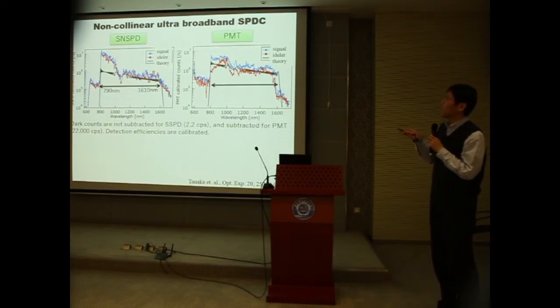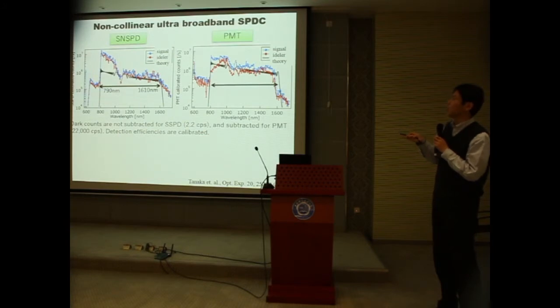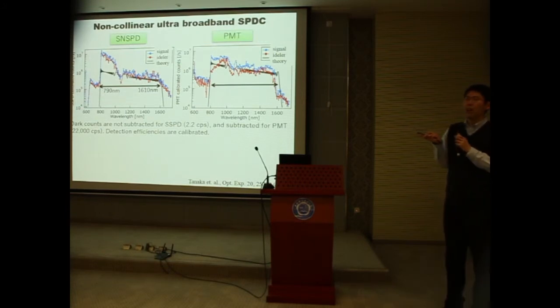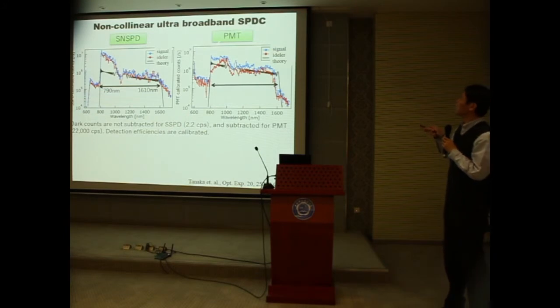This is the observed spectrum of the parametric fluorescence using a superconducting detector. This is with the help of Nanjing University, with Professor P.H. Wu and Professor Jian Chen. And this is with the help of Hamamatsu Photonics.